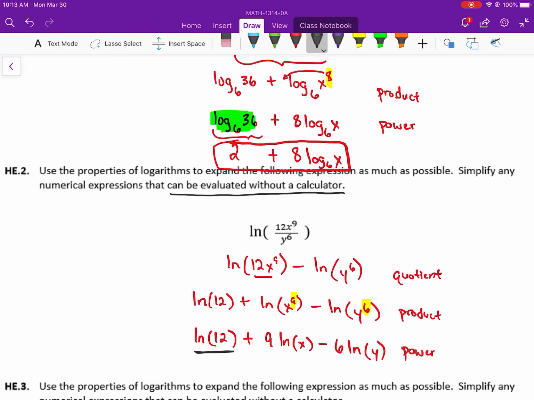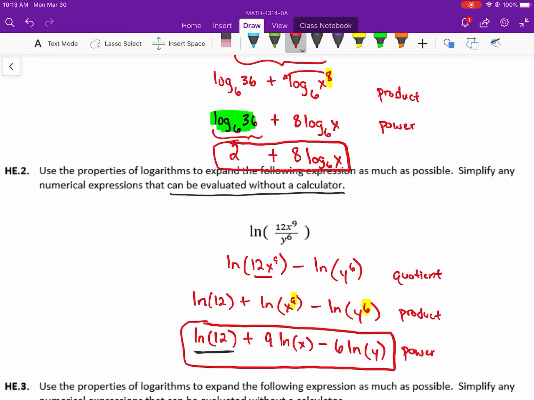That's the question. And the answer is no. Log base 6 of 36, on the other hand, was a little bit easier because 6 to the 2nd power is 36, so we know that equals 2. But in this case, this would be e to what power equals 12, and you can't solve that mentally. All right, so that means we are left with this as our answer.